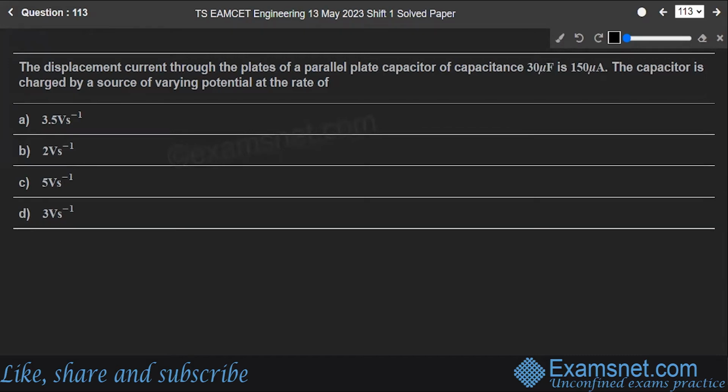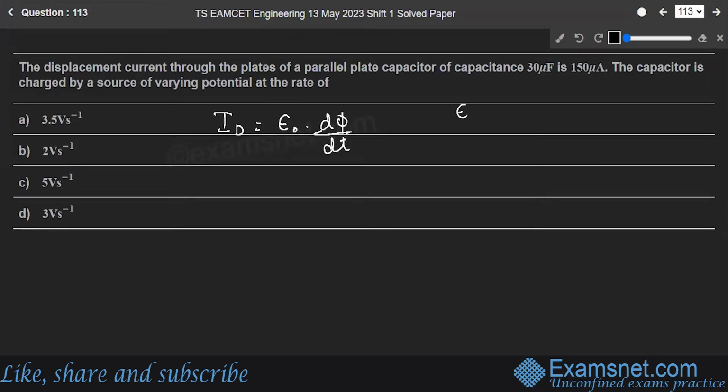In the given question, we are talking about the displacement current, and we know the displacement current is given by epsilon naught into change in the electric flux upon dt, d phi upon dt.